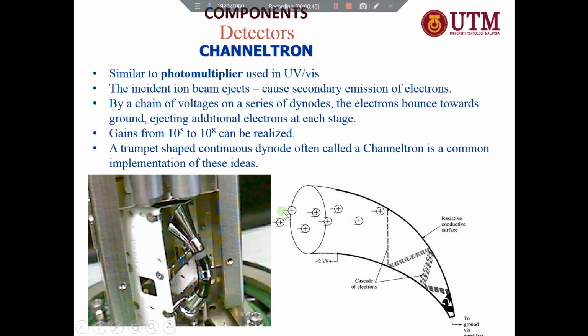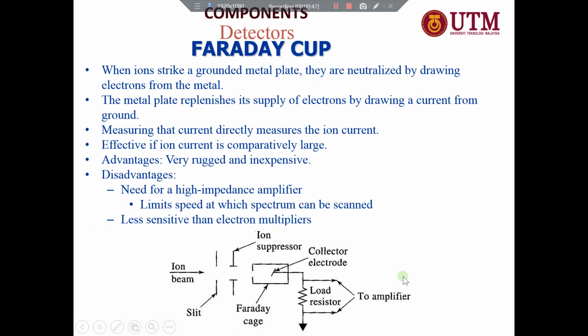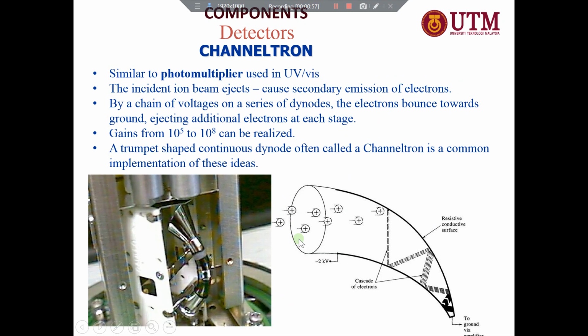Okay, so what happens in the Faraday cup over here, we actually draw the electron over here, right? So it will neutralize your molecule over here, and here we will have a new flow of current. But what happens in the channeltron, okay, we hit it with our charge over here, and here it will produce electrons. Okay, the electrons will hit continuously until they reach the ground.